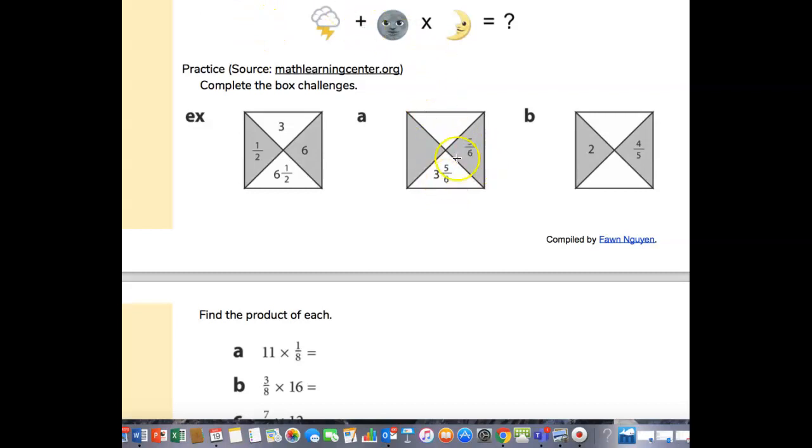Okay, so what do you add to 5/6 to get 3 and 5/6? 3, right? So 3 plus 5/6 is 3 and 5/6. Now remember, the top box has to be when we multiply these two together. So we have 3, we're going to make it a fraction, times 5/6.